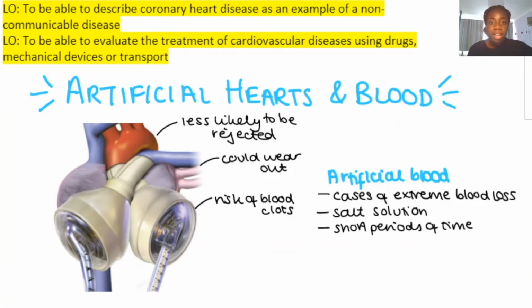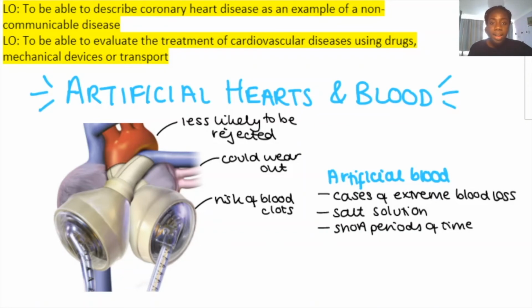So the major benefit of an artificial heart is that it's less likely to be rejected by the person who receives it, as it's just made out of metal and plastic, for example, whereas if you had a donor heart, you'd have to match the blood type and the tissue type, etc., to make sure they didn't have a reaction to it.